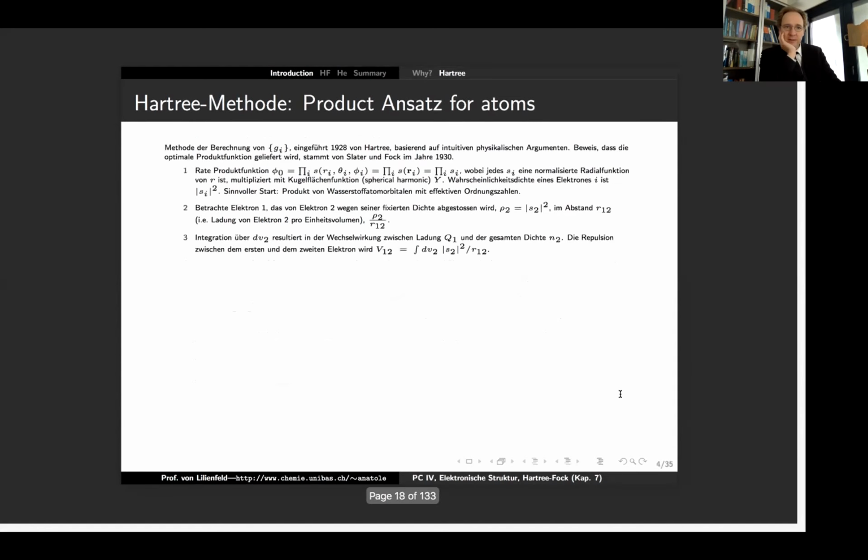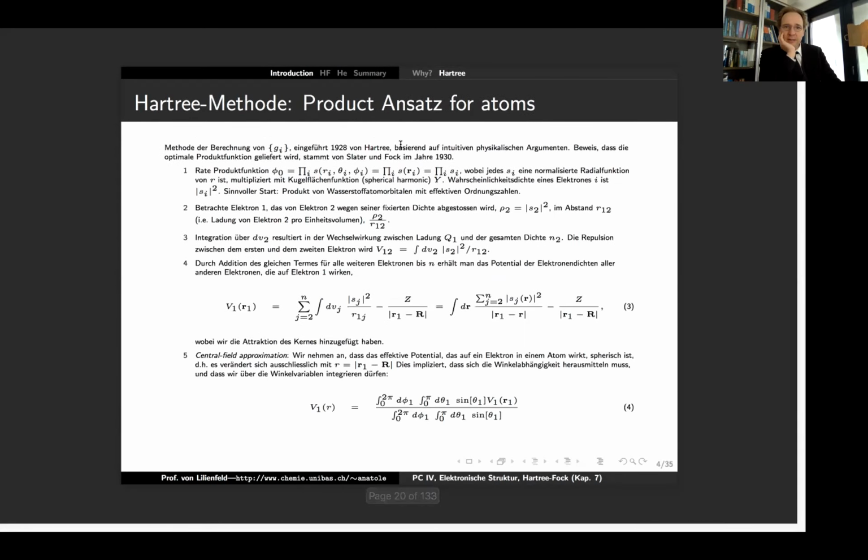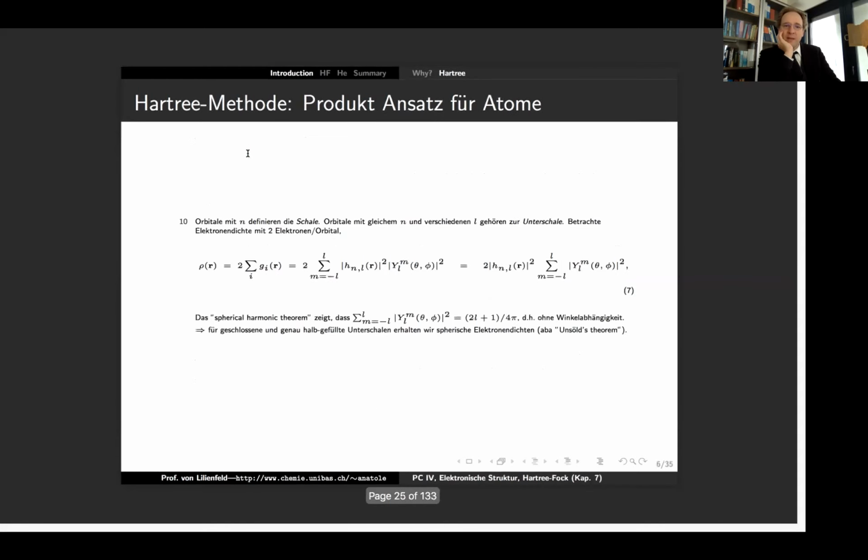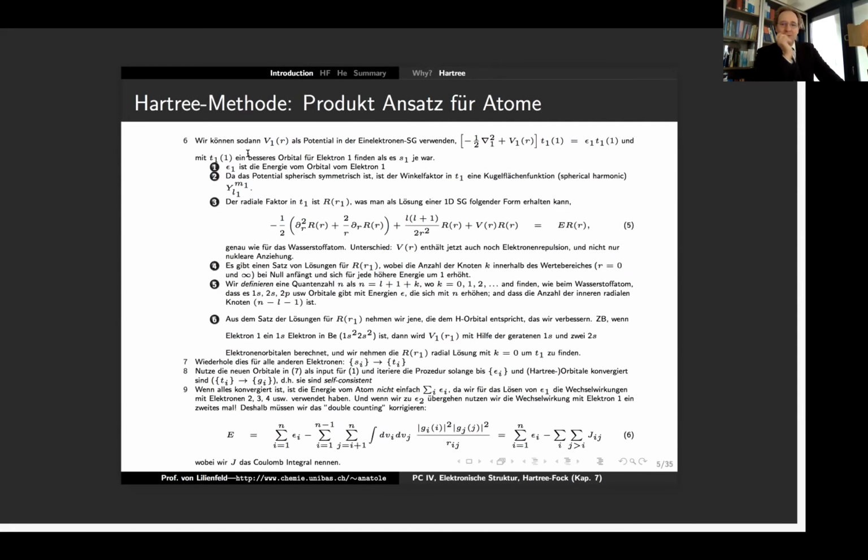I think this was also shown here. You can show that the best possible product function is being generated by Hartree-Fock. So it's not as bad as that.